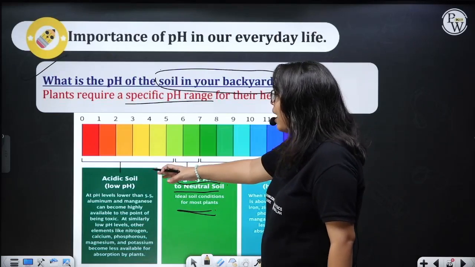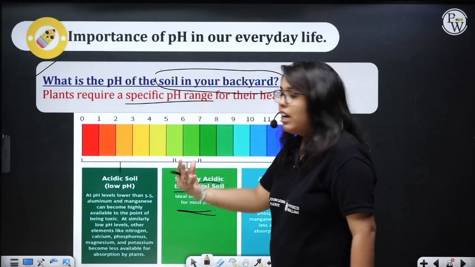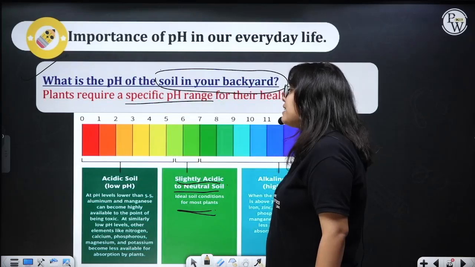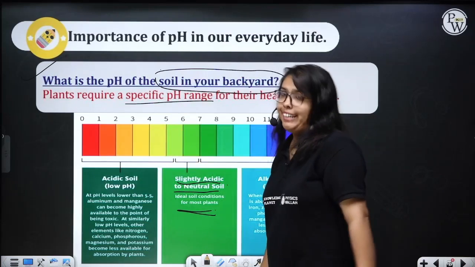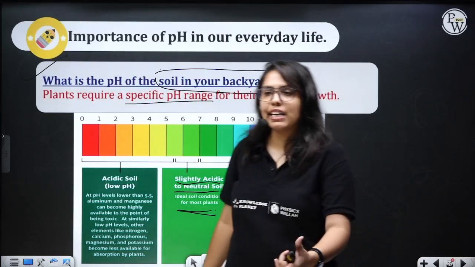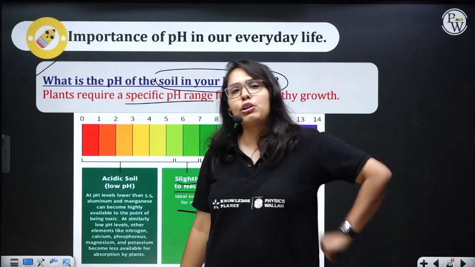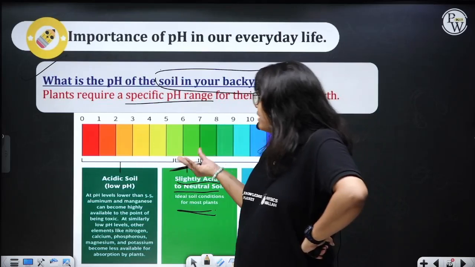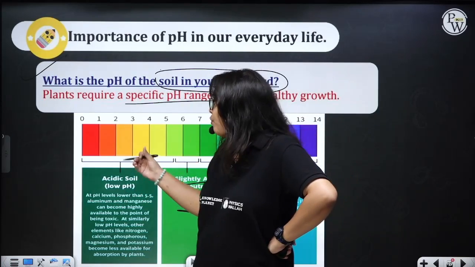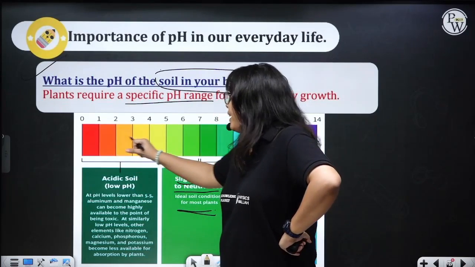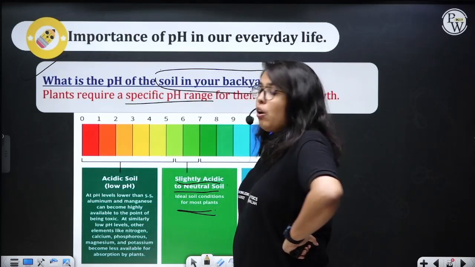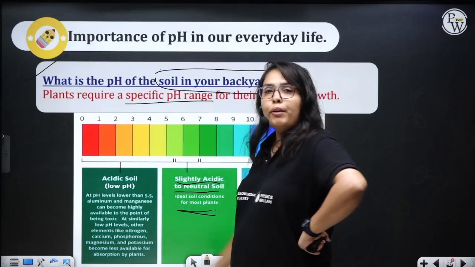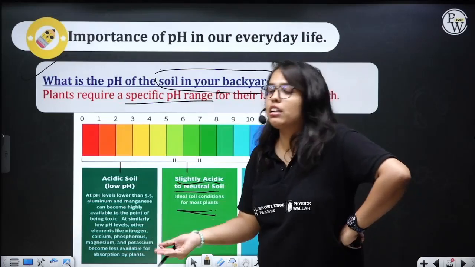Now let's say there's acid rain, and because of acid rain the soil has become highly acidic. It needs to be slightly acidic or neutral, but it is highly acidic. Now what do we do? We have to increase its pH so that it is slightly acidic. Instead of it being 0 or 1, we have to bring it closer to 4 or 5, okay, 5 or 6. We add a base and we increase the pH.